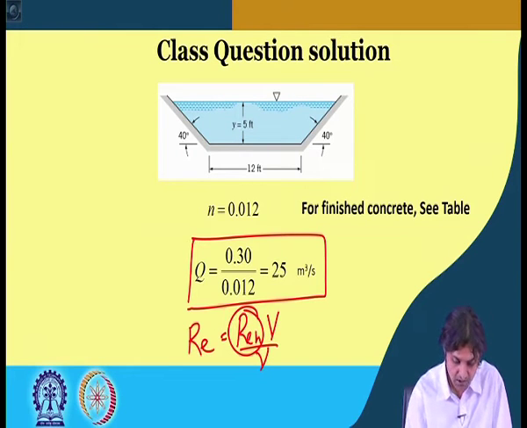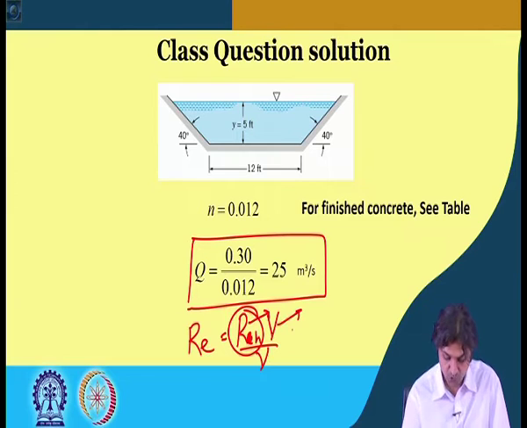R we have calculated, V we know already, V is Q by area, and nu is a fixed quantity for water.